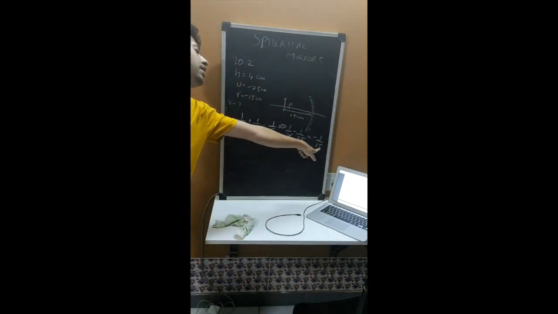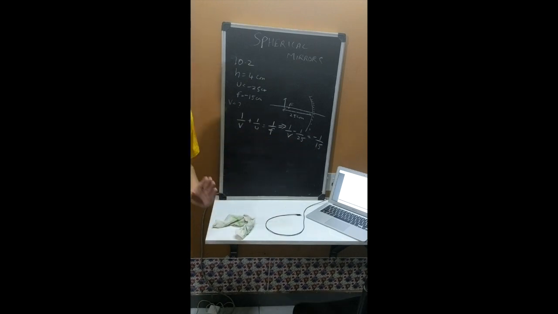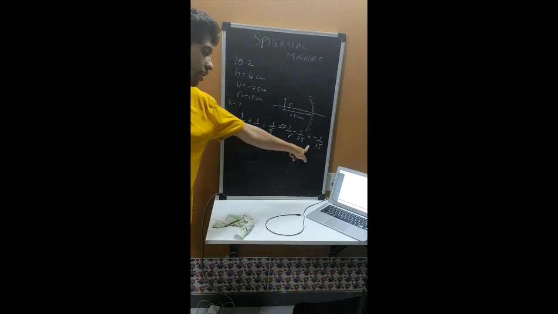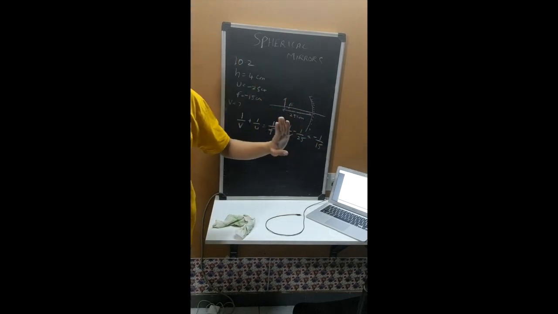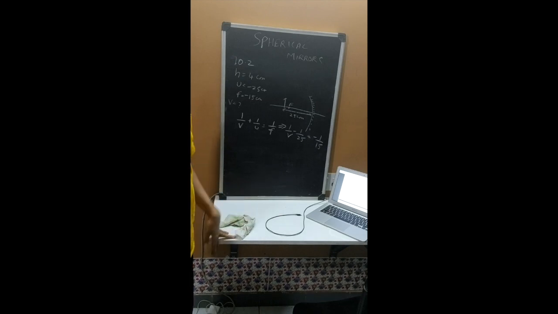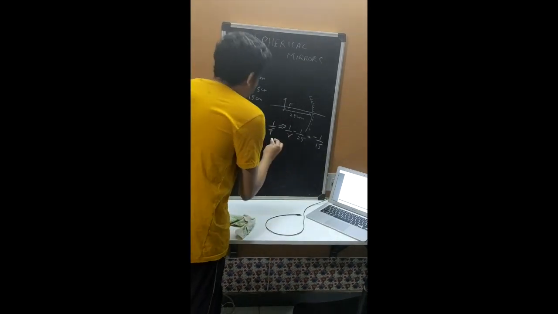Okay, here everything is in centimeter. Always be careful that whenever you are using any formula, all the things in the formula should always be in the same units. If it is in SI units, everything should be in SI units. If it is in CGS units like centimeter, everything should be in CGS units. Okay, now 1 by v is what?